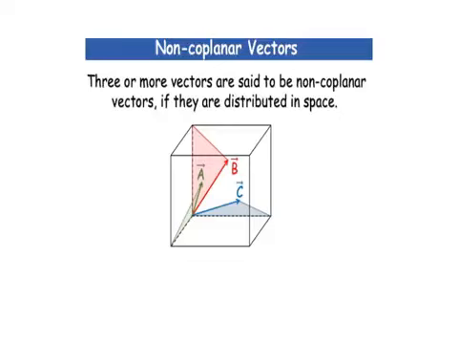Like in coplanar vectors, all the vectors lie in the same plane. They are sharing one plane. So for non-coplanar vectors, they are not sharing the same plane. As you can see in the figure, the vectors A, B, C are in different planes.